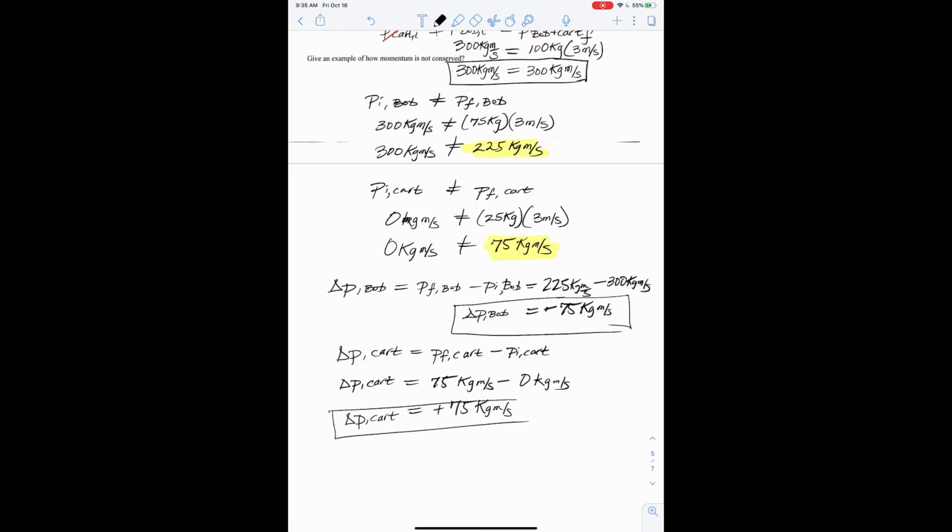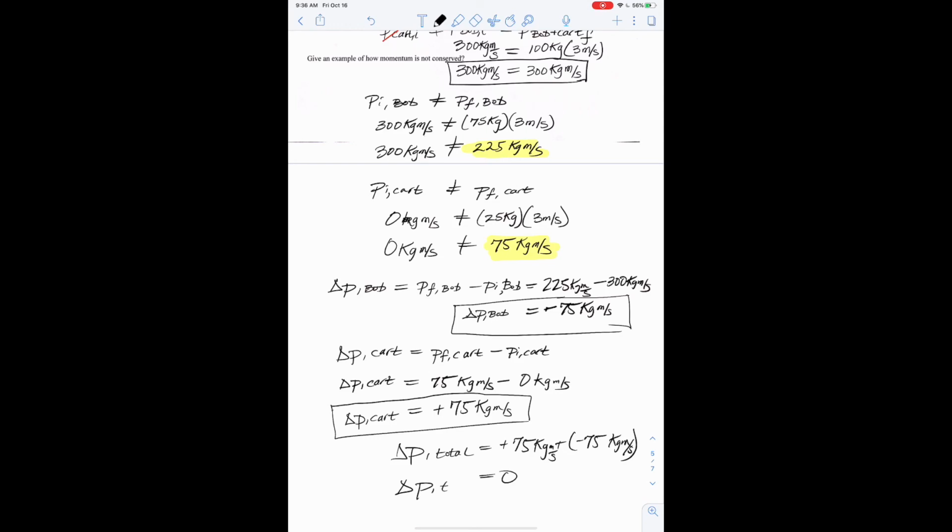All right, so what we're seeing is that the delta P total, once again the total change of the momentum in the system, is equal to positive 75 plus negative 75, which is equal to 0.